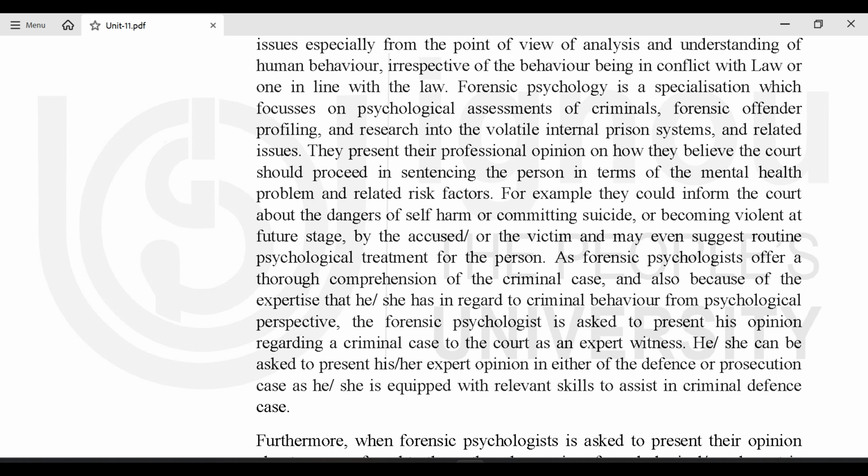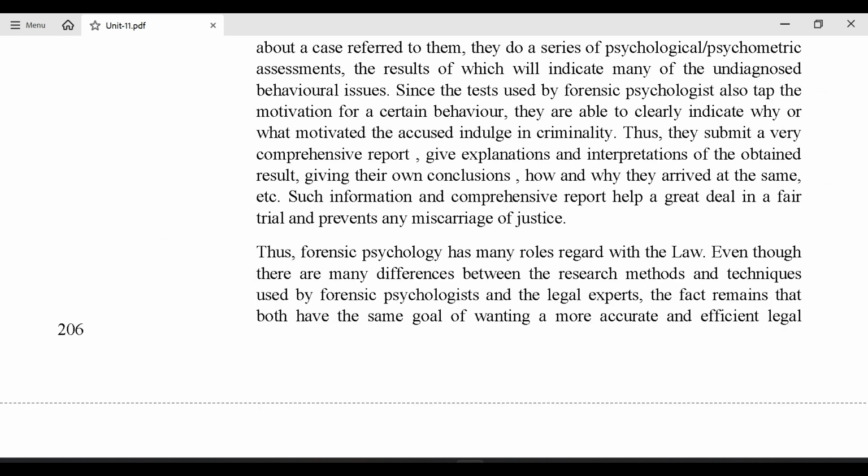Furthermore, when forensic psychologists are asked to present their opinion about a case referred to them, they do a series of psychological/psychometric assessments, the results of which will indicate many of the undiagnosed behavioral issues. Since the tests used by forensic psychologists also tap the motivation for a certain behavior, they are able to clearly indicate why or what motivated the accused to indulge in criminality.